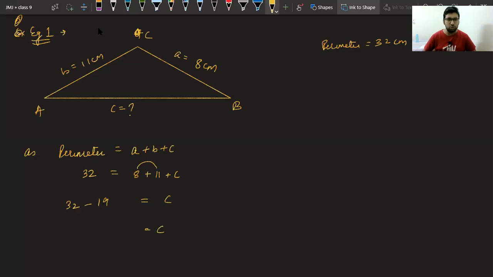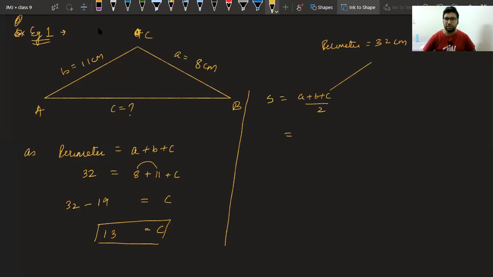So C is equal to 13. We have got the value of C as 13. Now we can easily find S. S will be given by A plus B plus C upon 2. We already know the value of these three, so the answer is 32 upon 2. We have got the value of S as 16.